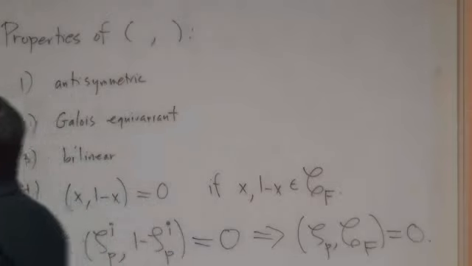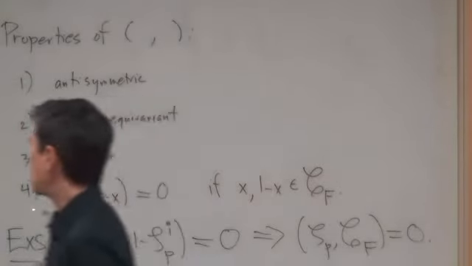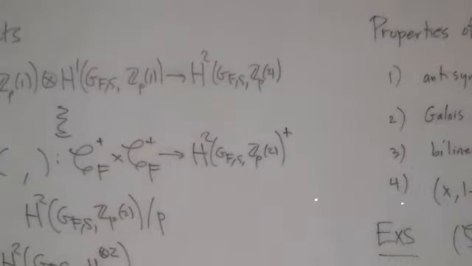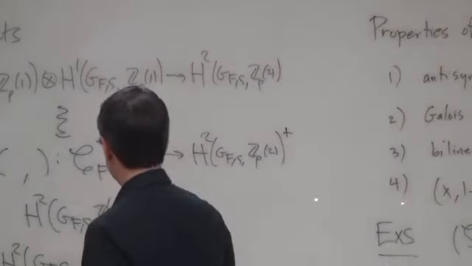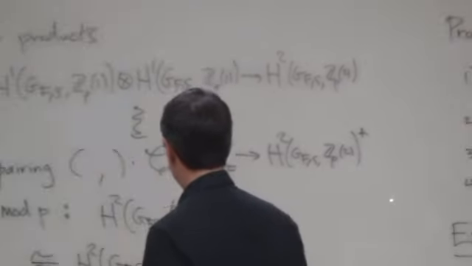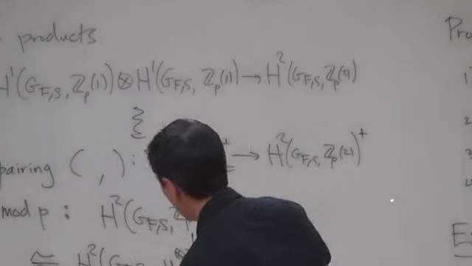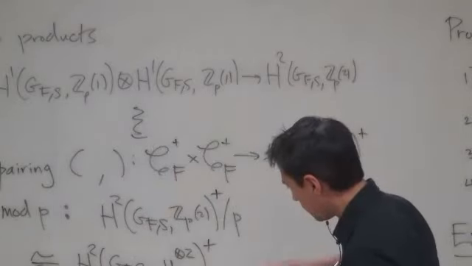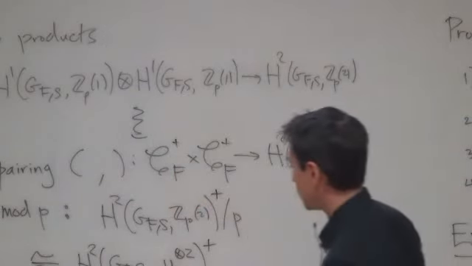And because it's a pairing on CF plus, and it's Galois equivariant, it actually lands in the plus part of H2. So it's a pairing to the plus part. Let me now write pluses here. Mod P, the plus part, I have to put a plus on the outside, but mu P has minus 1 action of complex conjugation, so this becomes minus in order to make the whole thing plus.